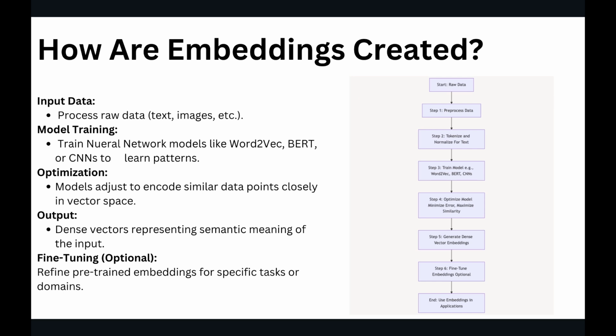Once the model starts running, its objective is to encode similar data points closely in vector space, and generally it gives us dense vectors representing the semantic meaning of the input. We can also refine our pre-trained embeddings for a specific task or specific domain. So if you want to use it for text classification, we can fine tune the model to give us better results.